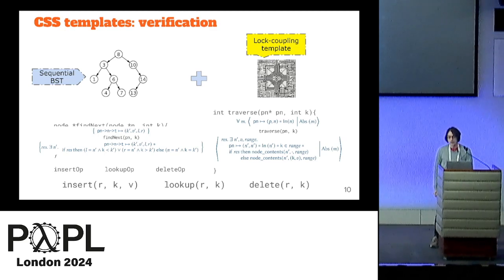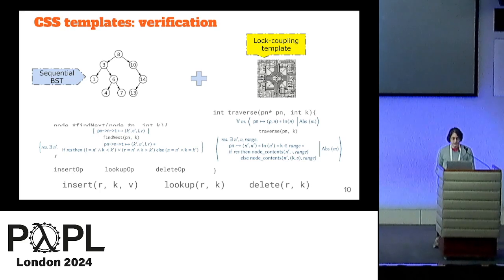For the traverse function, I know this is a bit complicated looking, but really the thing to note here is just that the public or shared part of the pre and post condition is the same before and after. So that traverse operation is just going through the data structure and finding the particular node where we want to perform an operation. It isn't modifying the data structure in any visible way, and so it's safe for us to use before we've hit the linearization point of the insert.